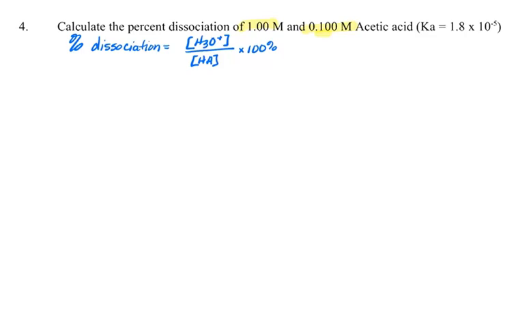So we need to find the concentration of our hydronium ion. Very similar to the last two examples, we're not looking at pH at all. We're only looking at the concentration and the Ka value. So we're going to go ahead and set this up.